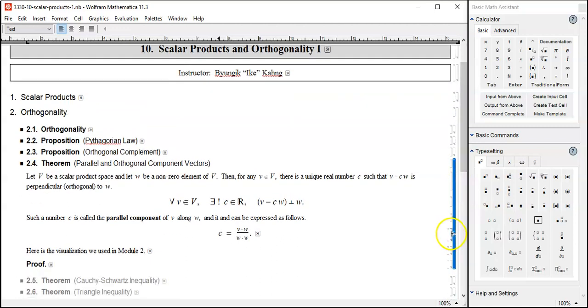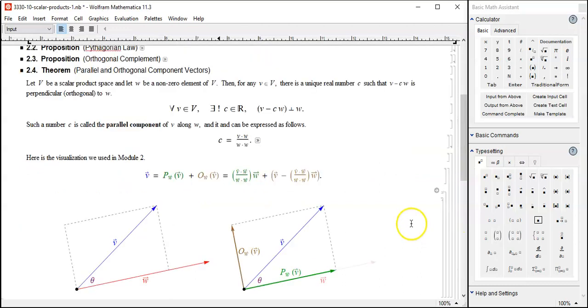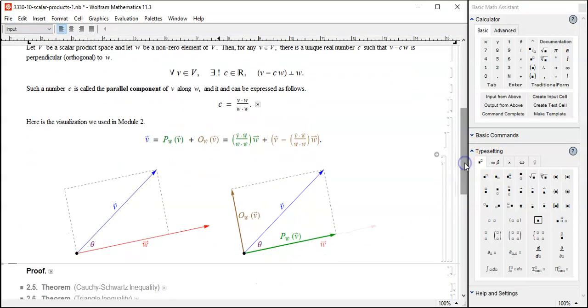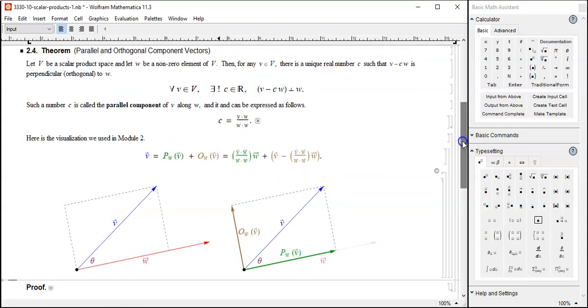What am I talking about? Let's go to a visualization. That's going to be really helpful. We start with an arbitrary non-zero vector w, the red vector. And given this w, we take an arbitrary vector v that may be the zero vector, but if it is the zero vector, then that's too trivial.